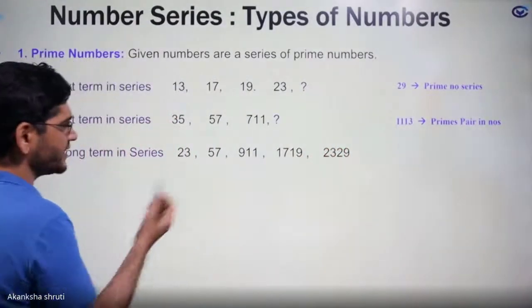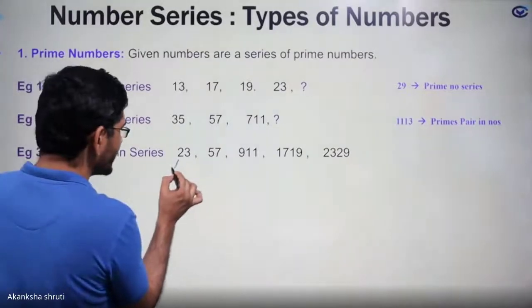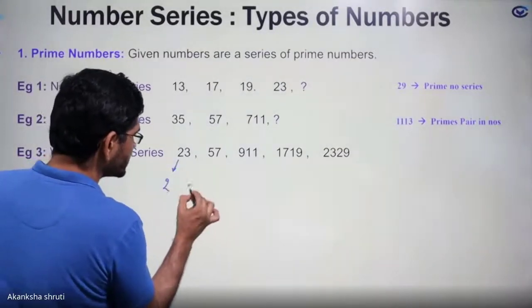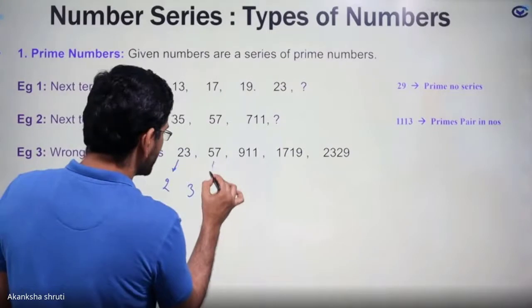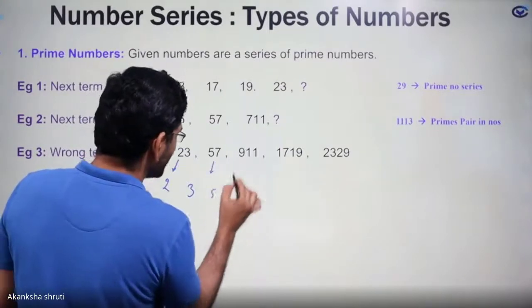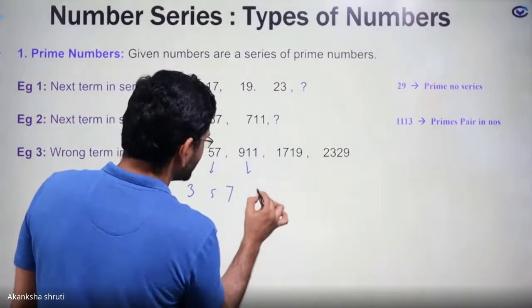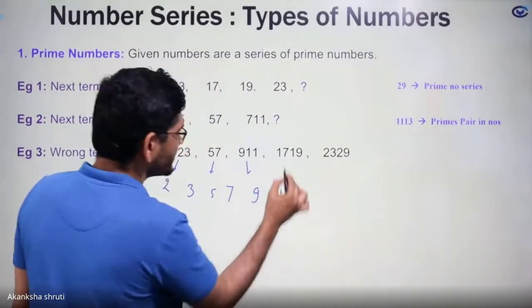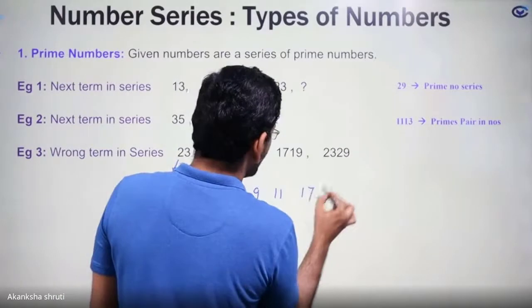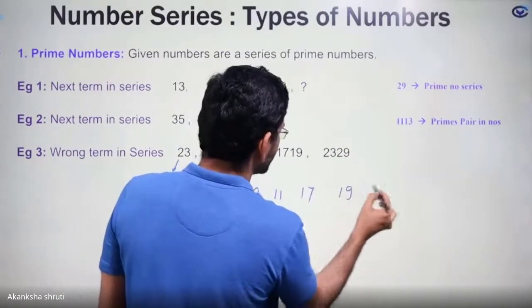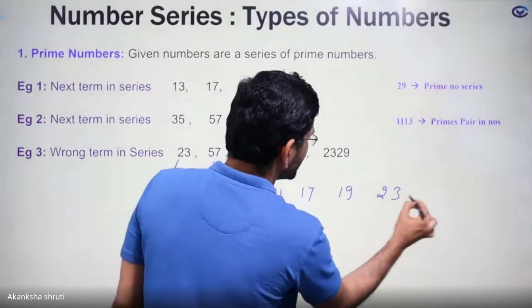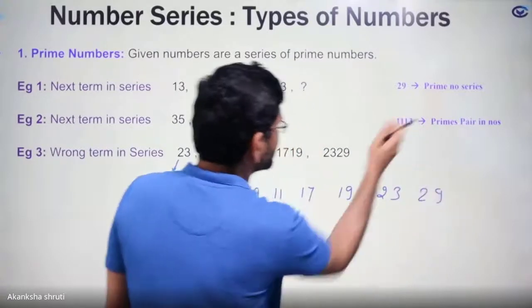Students, so let us see the other thing. If we are considering this as 2, 3, this as 5, 7, then this as 9, 11, then 17, 19, then 23, 29, that I had explained in previous question.